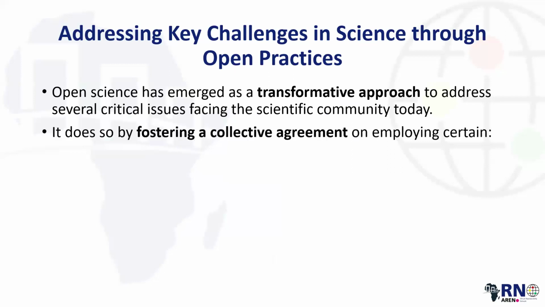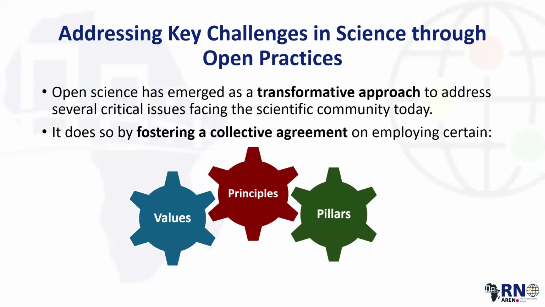And open science was able to do that by fostering a collective agreement on employing certain values, principles, and pillars. So all of the people in the community practicing open science agreed on certain values, principles, and pillars that they would abide by.